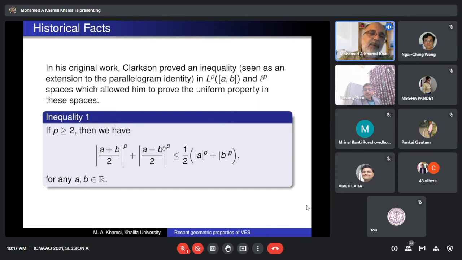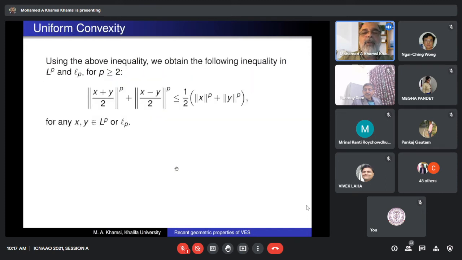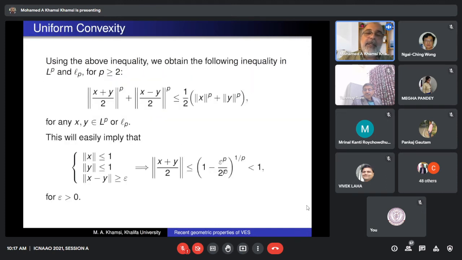And this is just a property on the real line. So here you get this, and then you get this. So that will give you similar control, and that was the paper published by Clarkson where he proved this in capital LP, and he called it uniform convexity.